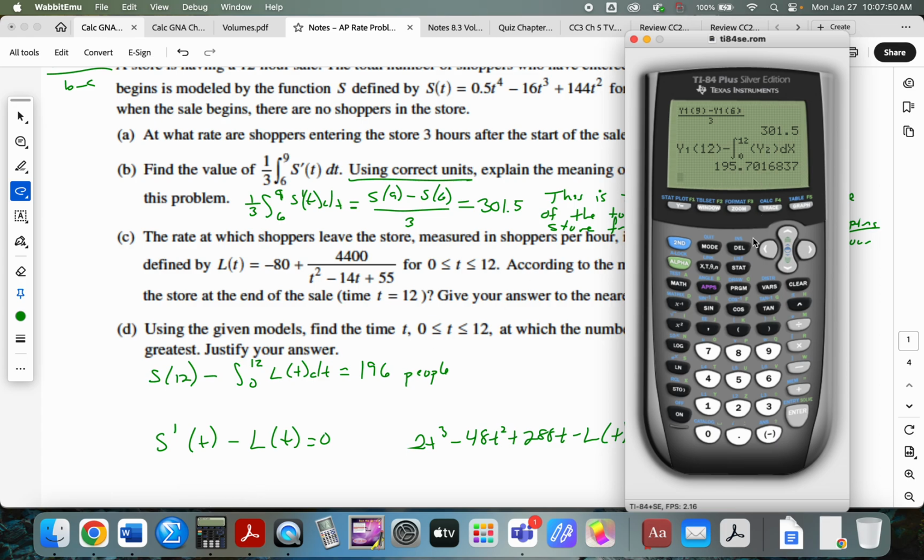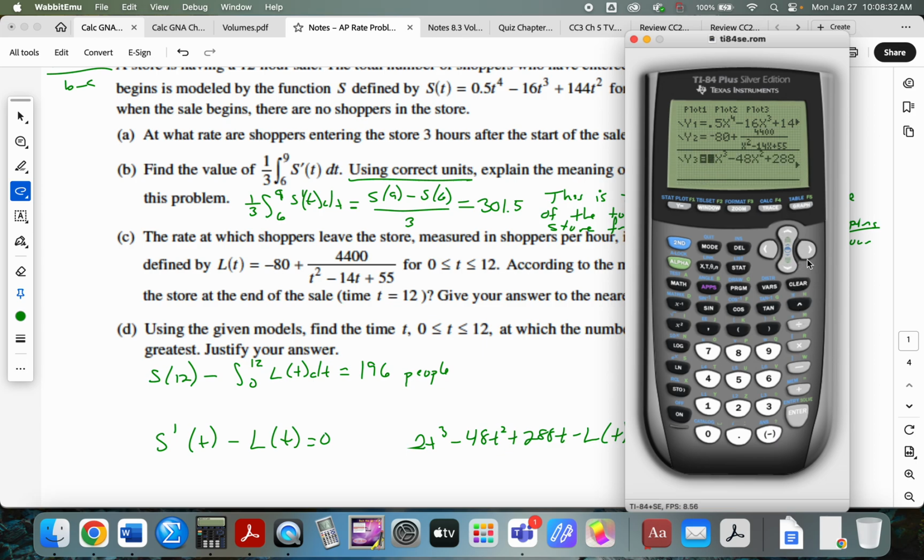So I'm going to go into my calculator. You guys do know how to turn these off, right? So that they don't graph. Just move back over the equal sign and stop graphing that. All right, so I want 2x cubed minus 48x squared plus 288x minus y2.